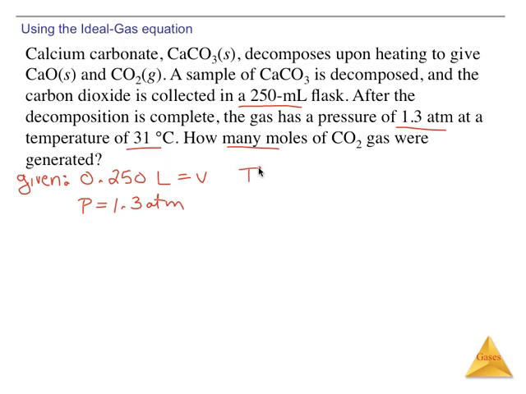Temperature is 31 degrees Celsius. In my head I went, wait, I can't use Celsius for gases. I need to convert that to Kelvin. So 31 plus 273 is 304 Kelvin. And my unknown is the number of moles, or n.